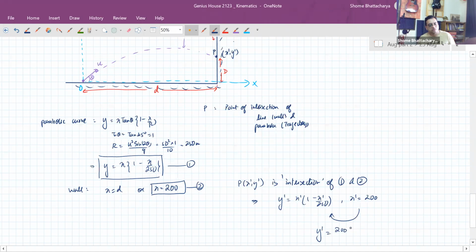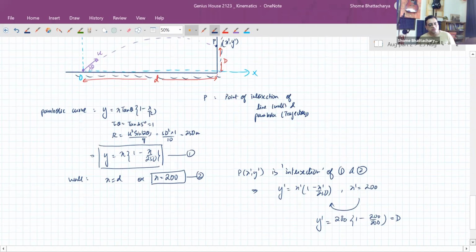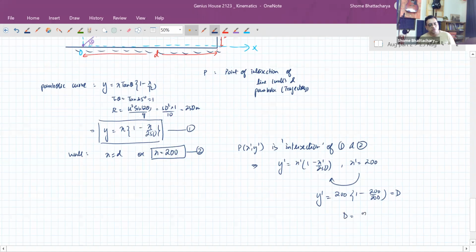It's 200 into 1 minus 200 by 250, and that is nothing but our capital D. Capital D, that distance, is only the y coordinate, so you can see it is 200 into 1 minus 4 by 5, right? It is 1/5 of 200. It is 40 meters. So it will hit the wall at a height of 40 meters.